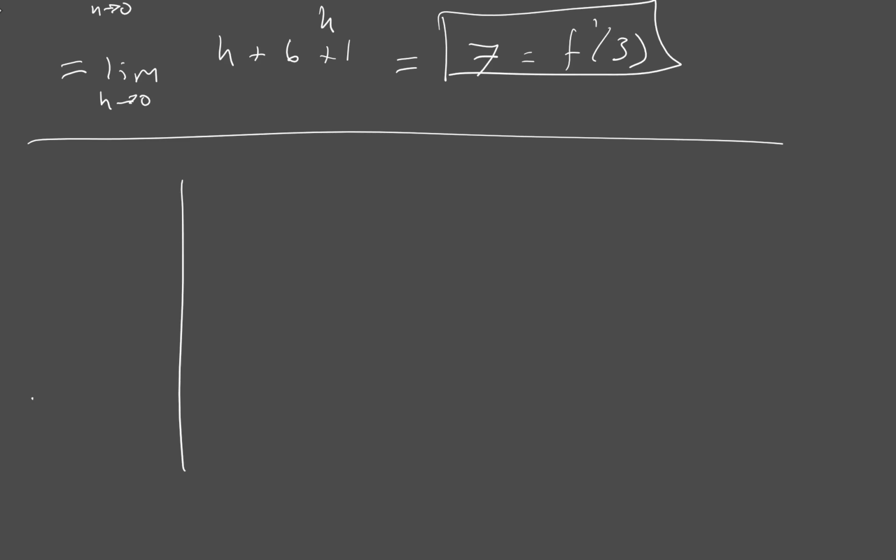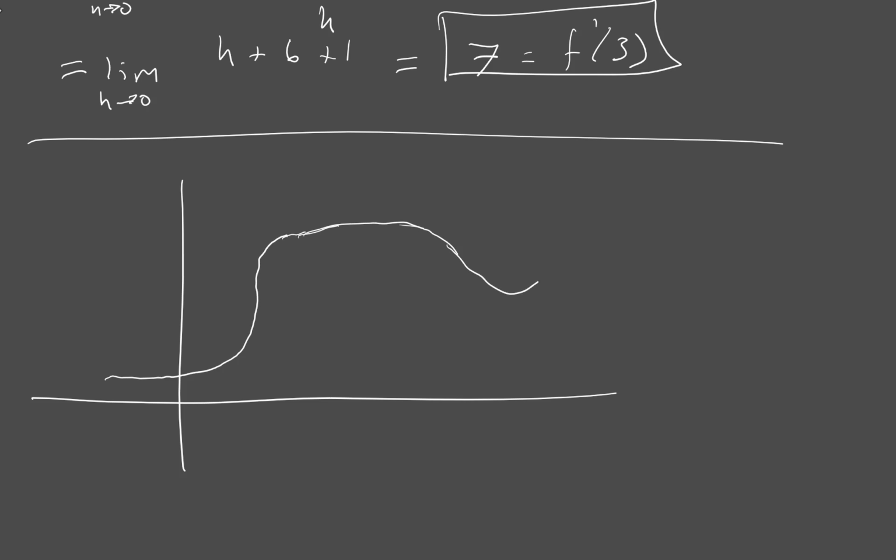Let's look at a graph and see a couple different geometric ideas with the derivative here. Maybe I start out fairly flat, I increase, I go basically vertical, and I slow down again. Maybe I hit a maximum in here somewhere, I hit a minimum in here somewhere. Maybe there's a cusp here, so it comes up to a point and then drops back down.